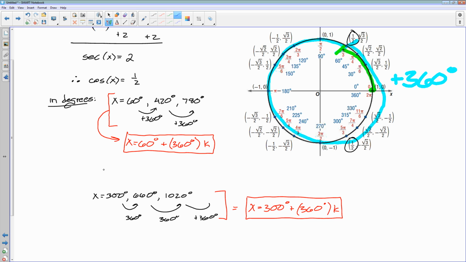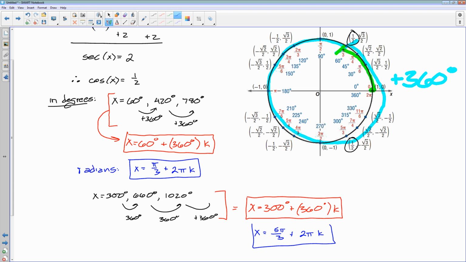So in radians, we would say x is equal to 60 degrees, which is pi over 3 radians, plus, and the whole circle in radians is 2 pi, so we'll say times 2 pi k, and that would be your radian answer. Same thing down here. In radians, x would be 5 pi over 3, which is the same thing as 300, plus 360 degrees is the same as 2 pi radians times k, and that would be your answer in radians.